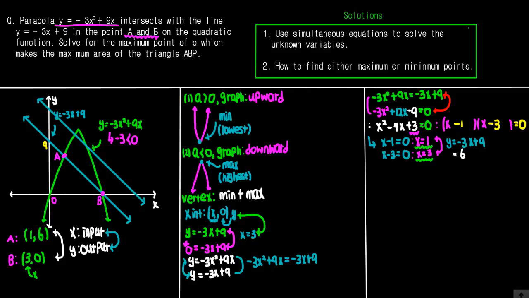But if we think about the parallel line to our linear function, it has the same slope but a different y-intercept, and the y-intercept is going to be a constant.